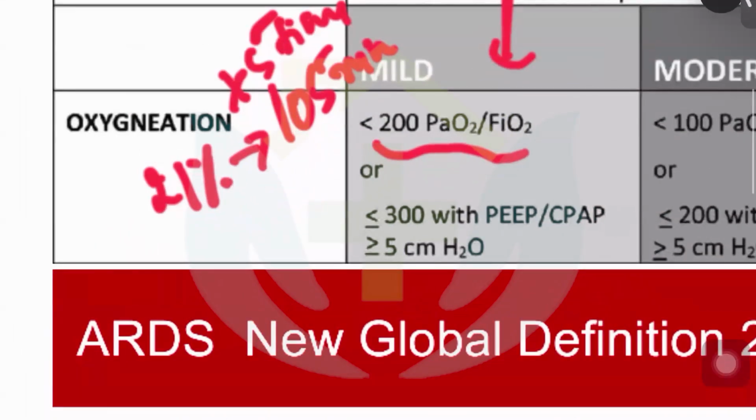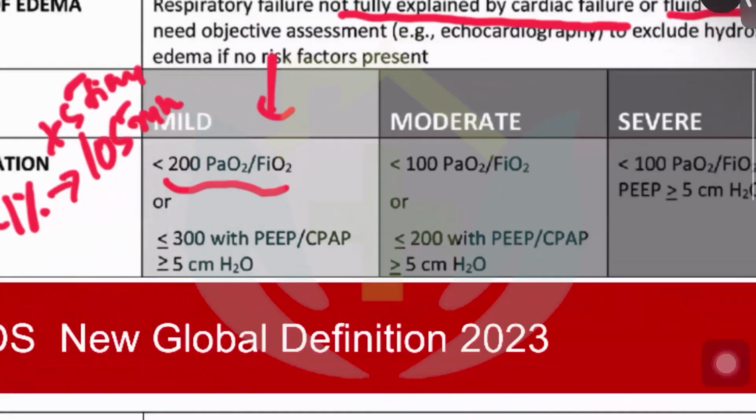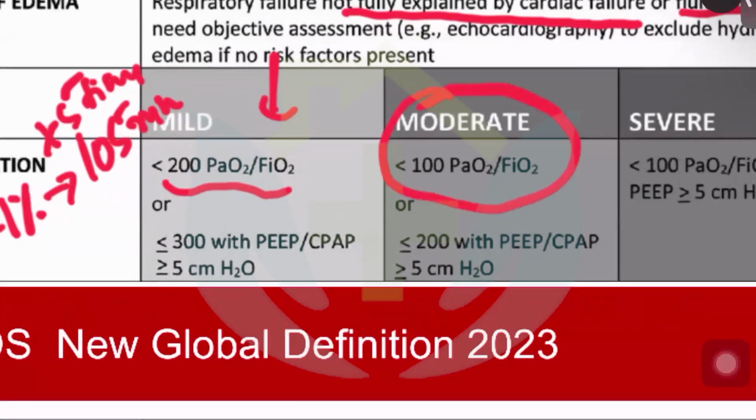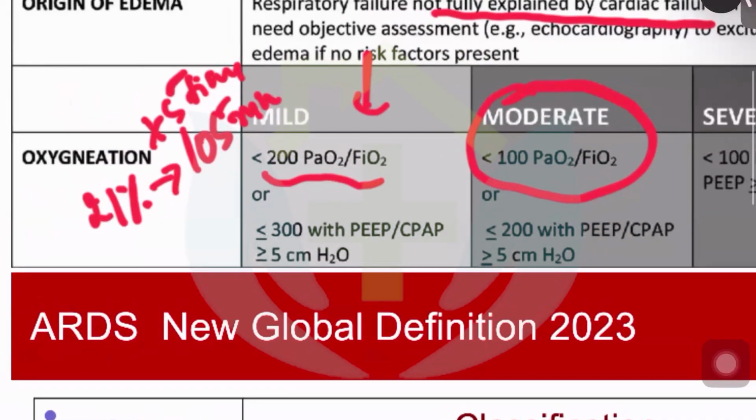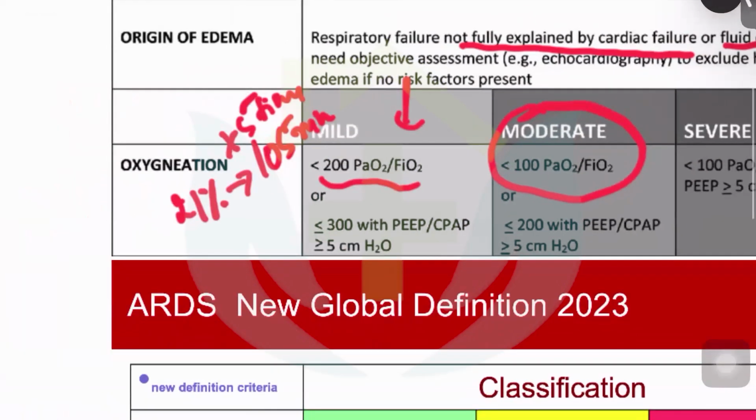So if the patient is not able to maintain even equal to whatever you are giving, 100% oxygen, and their PO2 is not even 100, that is the time when the patient begins to start getting sick. That is the PF ratio of less than 1. But even if it is just doing twice as much, for example, you are giving 21% oxygen and they are maintaining only 42 mm of PaO2, even then it is mild ARDS.